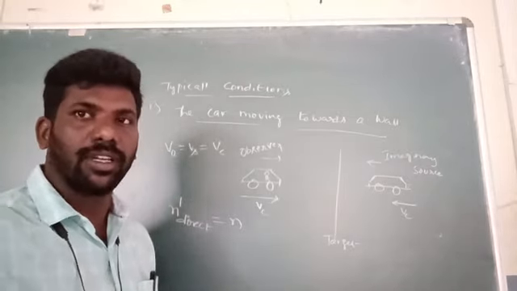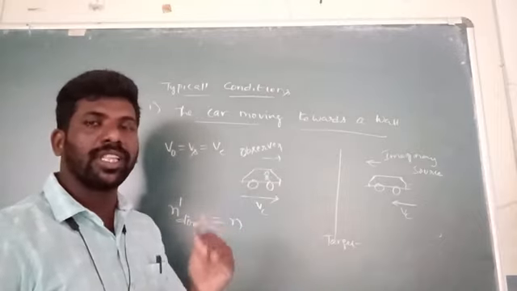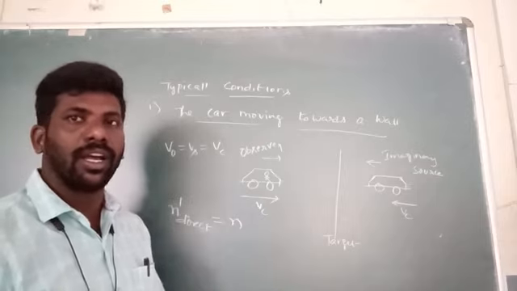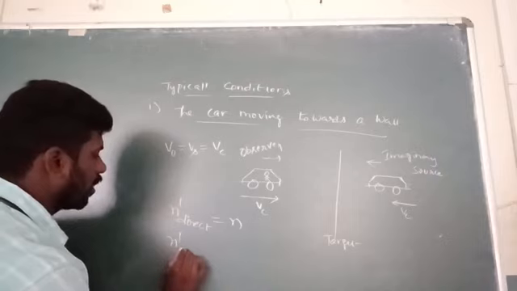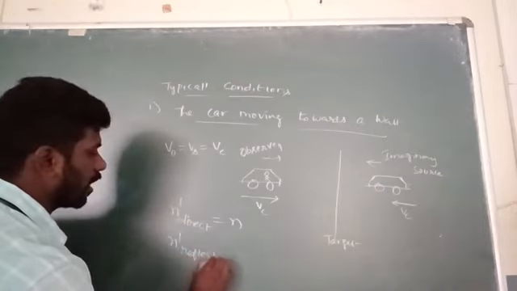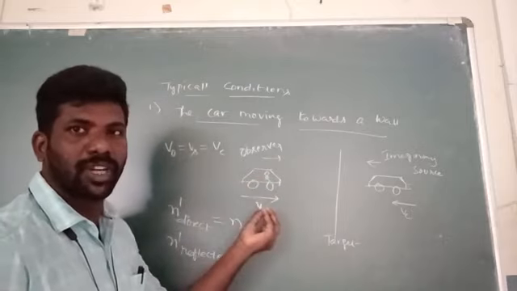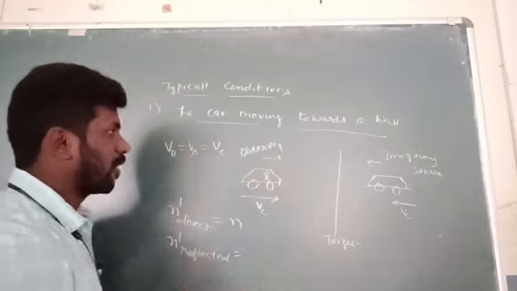Listen, whenever the observer and source move with the same velocity, there is no Doppler effect. That is the condition for Doppler effect. Here, n dash reflected, what is that? That means the sound heard by the observer, in the second case, where he observes the reflected wave.